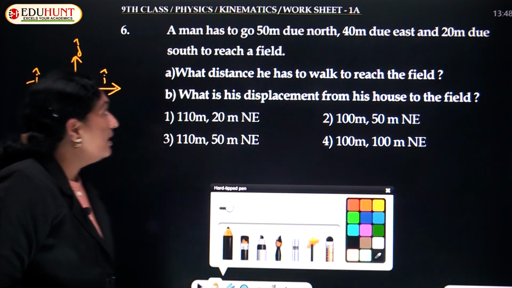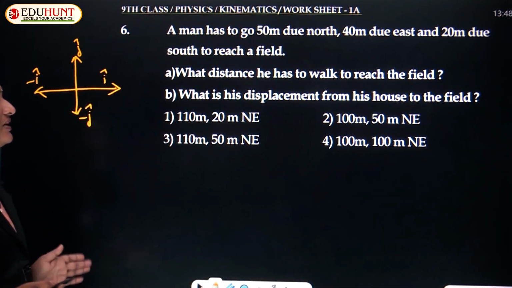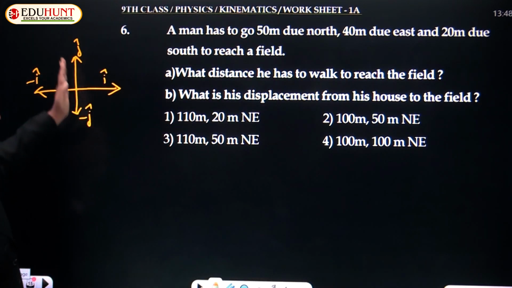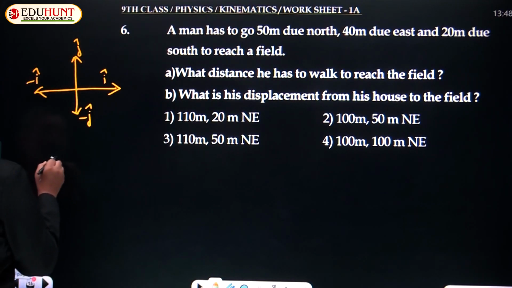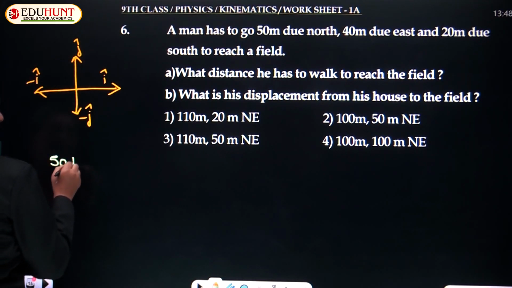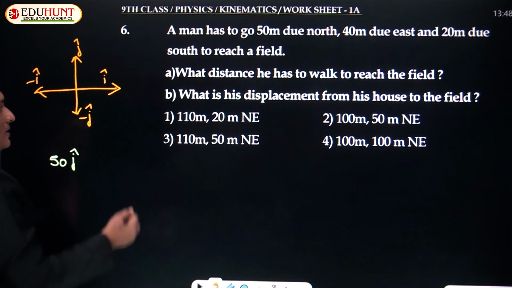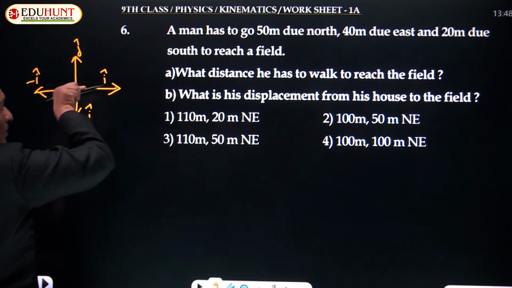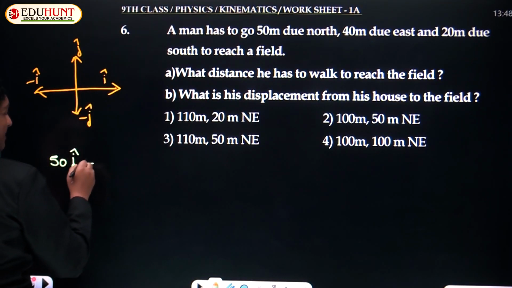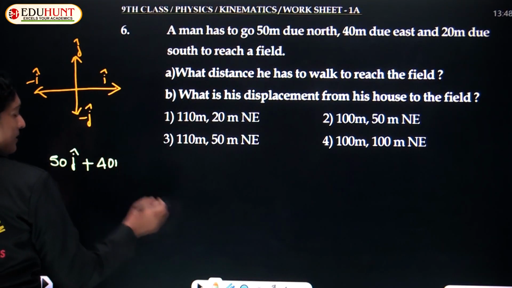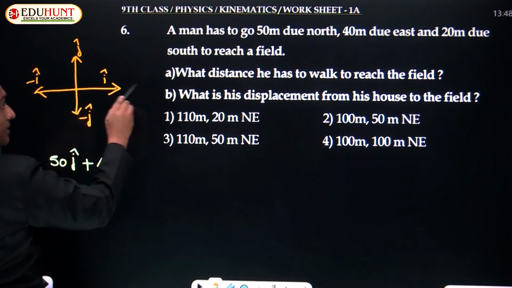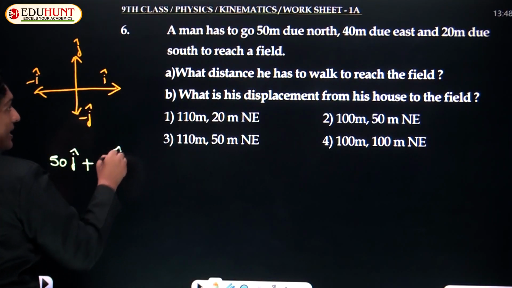A man has to go 50 meters due north. North means upward. So, 50 meters north means j cap. 40 meters due east. East means positive x-axis. And 40 meters, which direction? East. East means i cap.